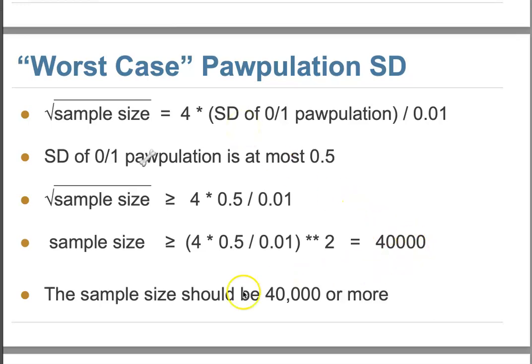The 1% interval includes positive and negative, so the margin of error is actually 0.5%. No matter which kind of 0-1 population you use, the sample size you need is the same.